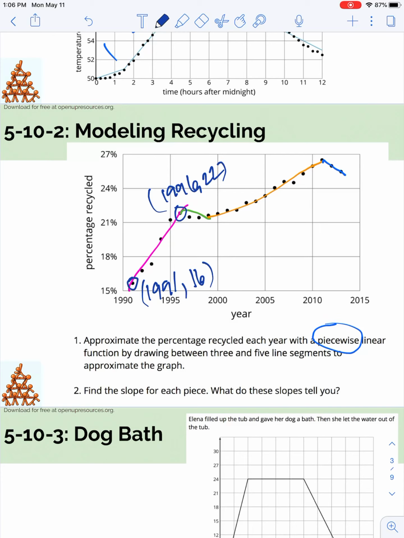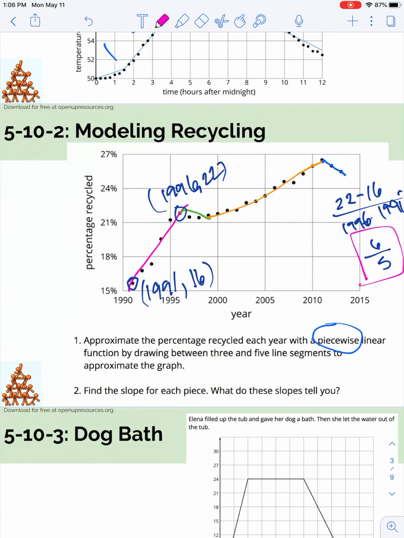So then I can do my formula and say, okay, 22 minus 16 over 1996 minus 1991. So that's 6 over 5. So that's your slope for the pink. So that's the pink slope here.